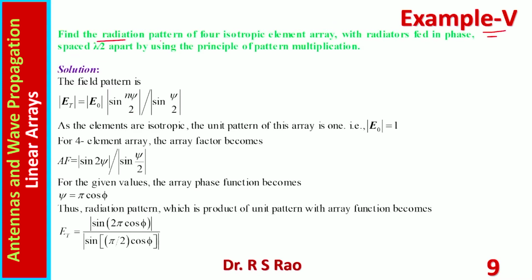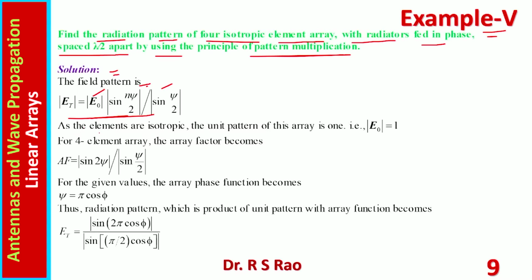Another problem, example 5. Find the radiation pattern of a 4 isotropic element array with radiators fed in phase, spaced lambda by 2 apart, by using the principle of pattern multiplication. This problem is based on pattern multiplication. Solution. The field pattern of a uniform linear array is given by this formula: mod E T is mod E naught, unit pattern, times mod sin n psi by 2 by mod sin psi by 2, the array factor.